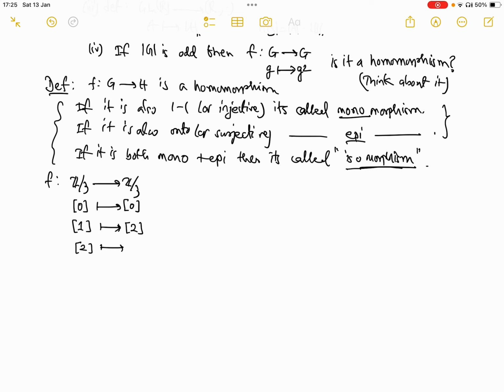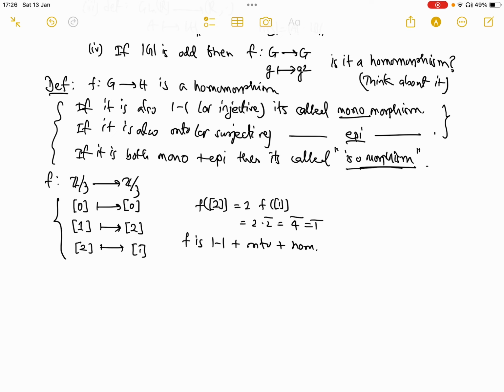So what will be two? f of two is 2 times f of 1 because of the homomorphism property. So this is 2 times 2 bar, which is 4 bar, which is 1 bar. So first of all you can see f is one to one, onto, and a homomorphism. So f is an isomorphism.